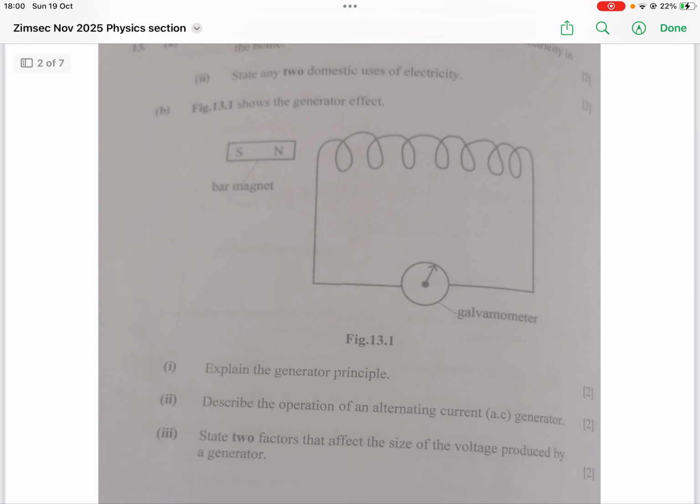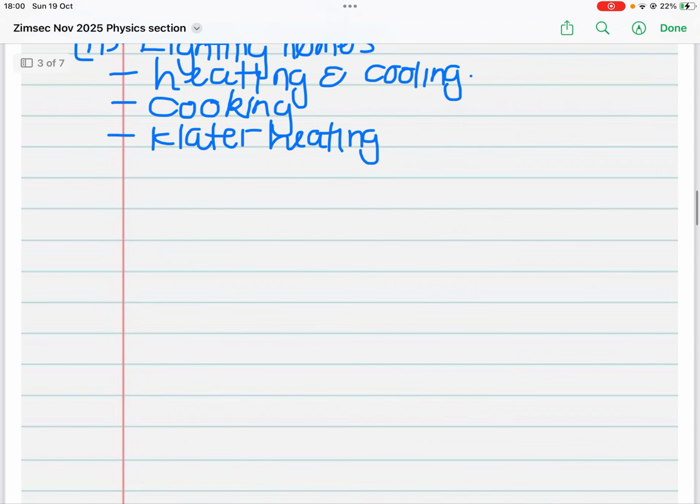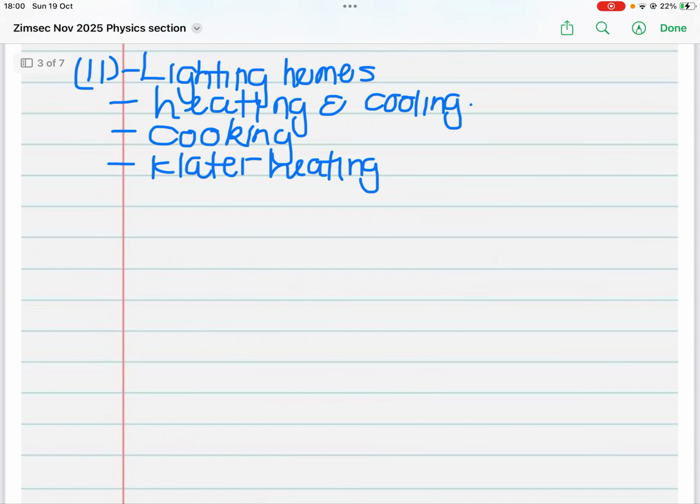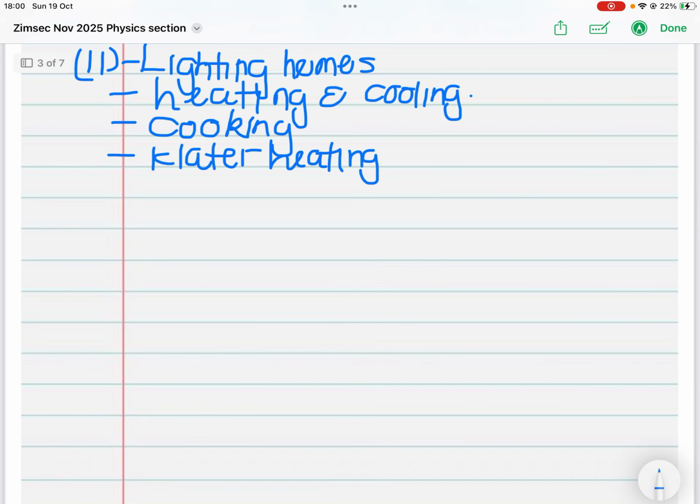And then next we are now on part B. Fig 13.1 shows the generator effect. Explain the generator principle. So a generator is an electrical device that converts mechanical energy into electrical energy.